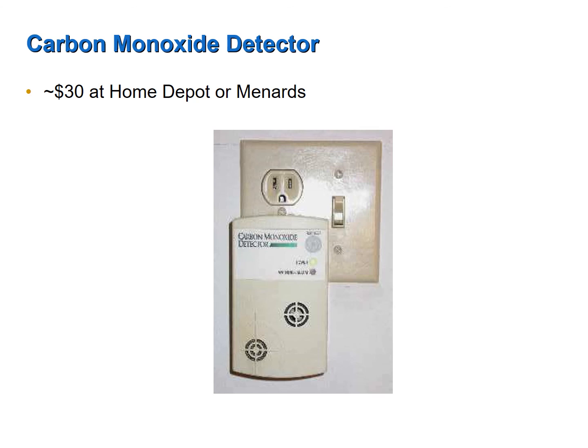Back in North Carolina, all landlords are required to provide these detectors in their rental dwellings. I do not know if that is the case in the state that you're living in, but if you do not have a carbon monoxide detector in your house or apartment, make sure that you invest a little money to get one because it can save your life.